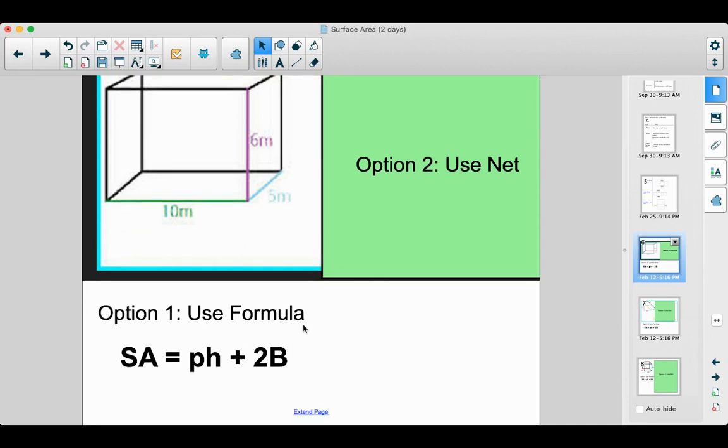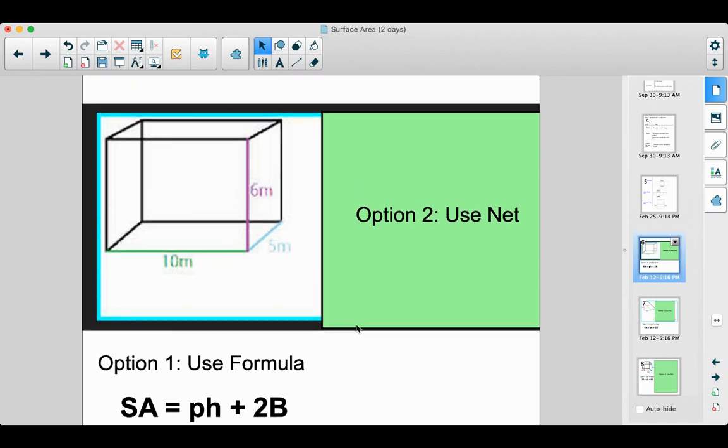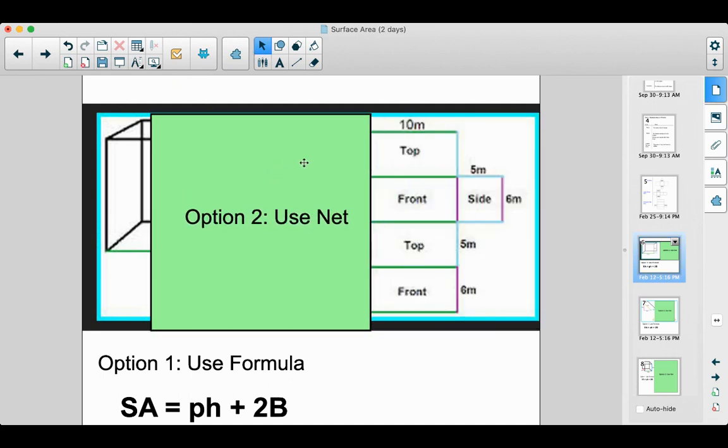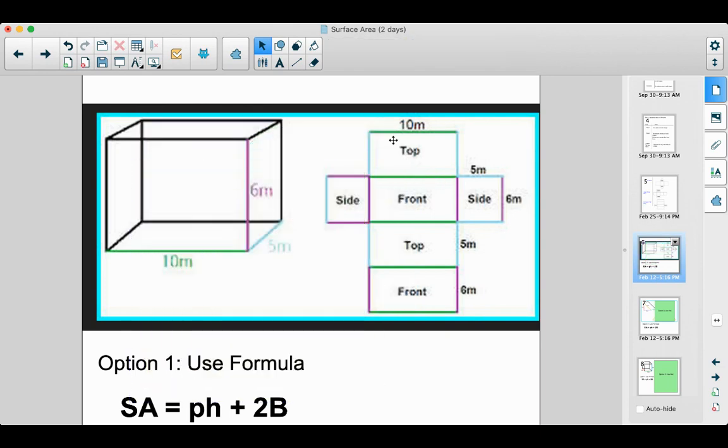I'm going to skip the formula for now, but we'll look a little bit at why that formula would work. If I'm going to use the net, that means I'm going to unfold this and look at the measurements of each one of the 6 sides.